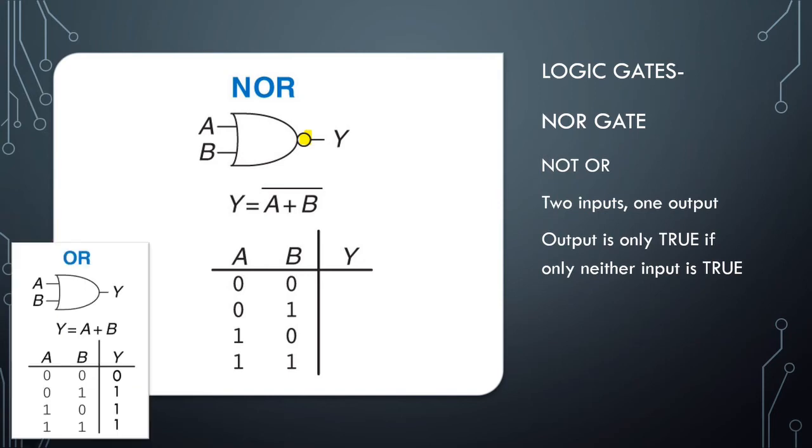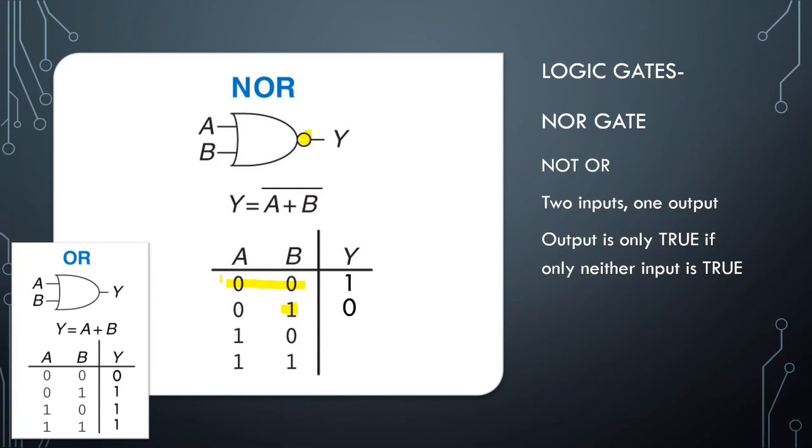So I'll bring up our OR gate down here as a reminder of how it functions, and we'll go through our NOR gate truth table. So when both inputs are 0, our output is going to be 1. If B is the only one that's true, we're going to get an output of 0, right? Because that's the opposite of what's happening on an OR gate.